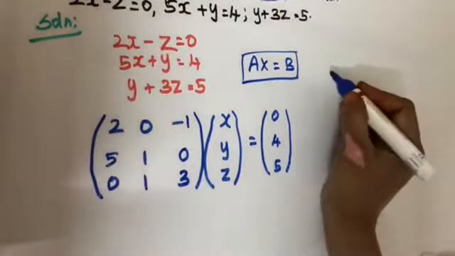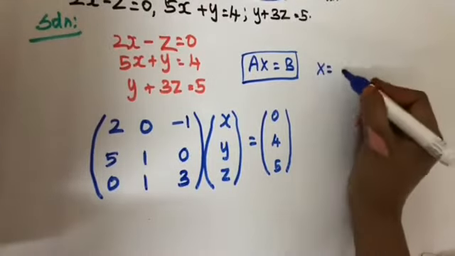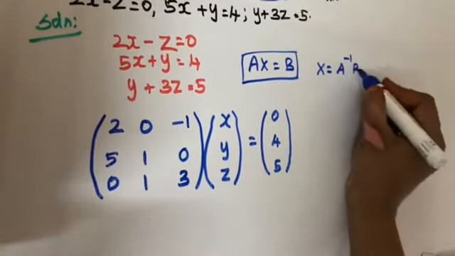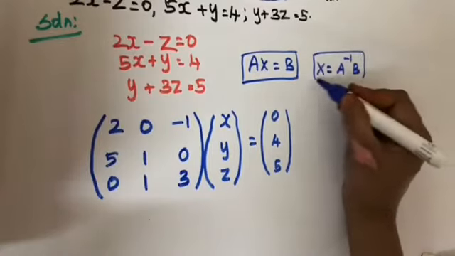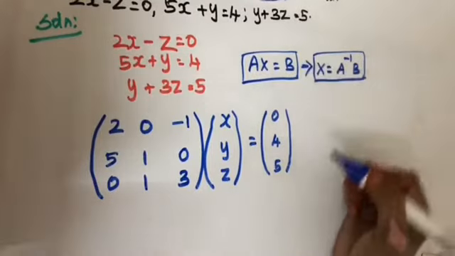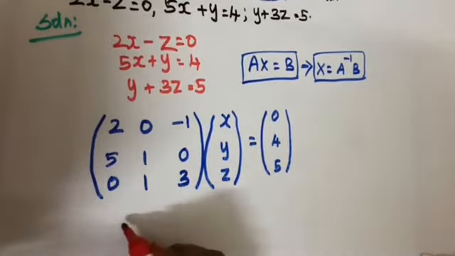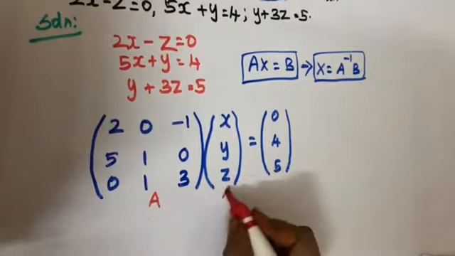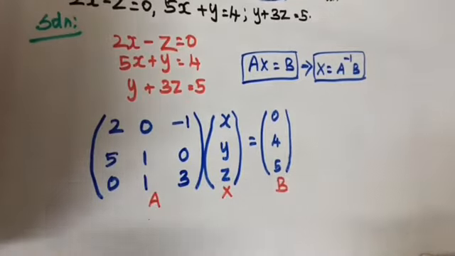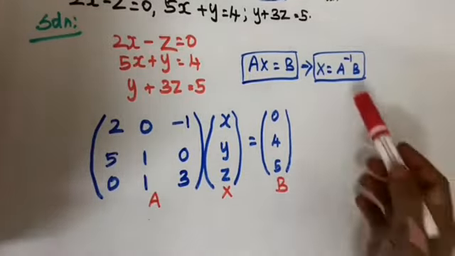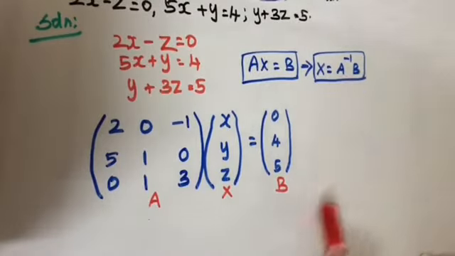What would it be? X is equal to A inverse B is the solution for this equation. Okay. So what is A here? Let A be this, this is X and it is B. Now we have to find A inverse. Then you have to multiply it with B.